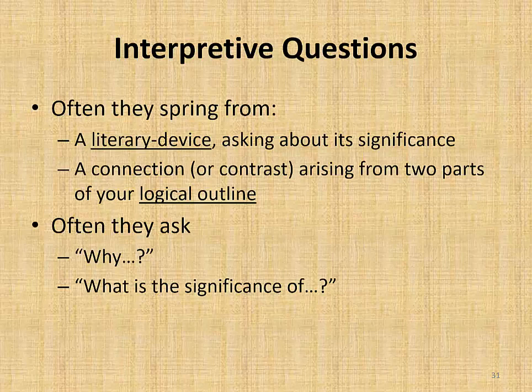This is something you've actually already done. Already you've been pressed so that whenever you identify a literary device, you wouldn't simply stand there and admire it, but you'd ask, what's it doing? What is its significance? That itself is the first phase of an interpretive question, anchored in a literary device.